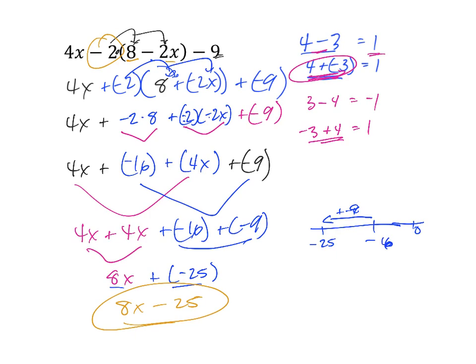So you don't apply it to the negative 9, you don't apply it to the 4x. In this line we applied the distributive property. After that, we're just simplifying and combining like terms.